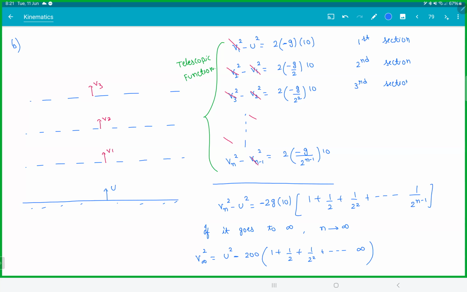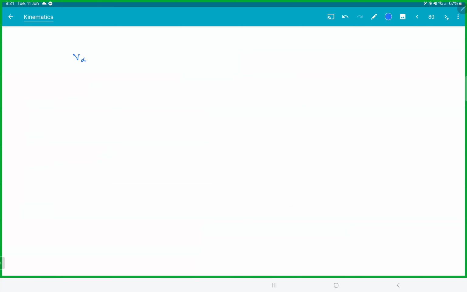So let me show it in the previous page. So we have V infinity square will be U square minus 200, 1 plus 1 by 2 plus 1 by 2 square going till infinity. That's your GP. That would be 1 by 1 minus half. That's U square minus 400 is V infinity square.